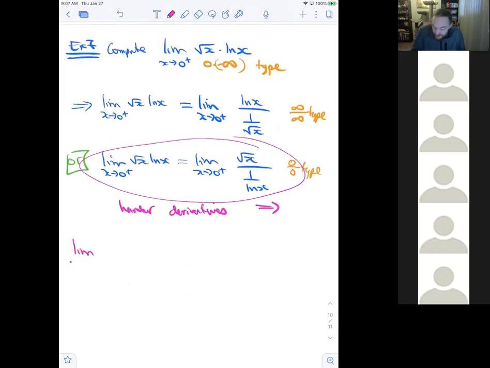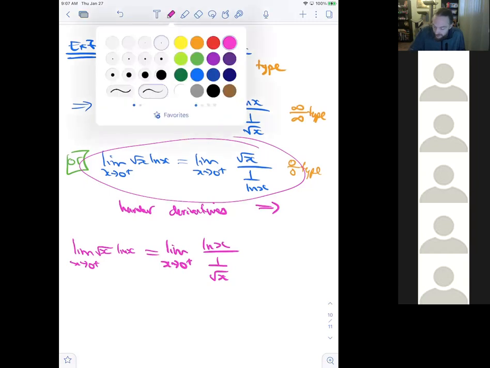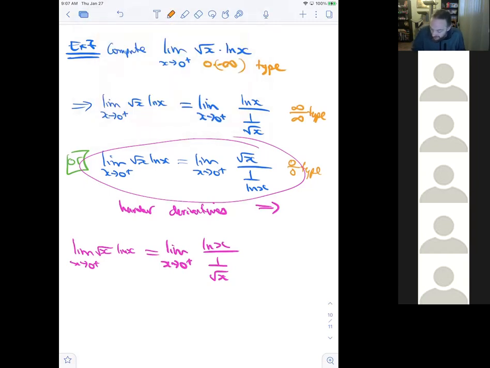So the limit as x approaches 0 plus of root x log x is equal to the limit as x approaches 0 plus of log x over 1 over root x. I just did that so that I would have exactly infinity over infinity type.